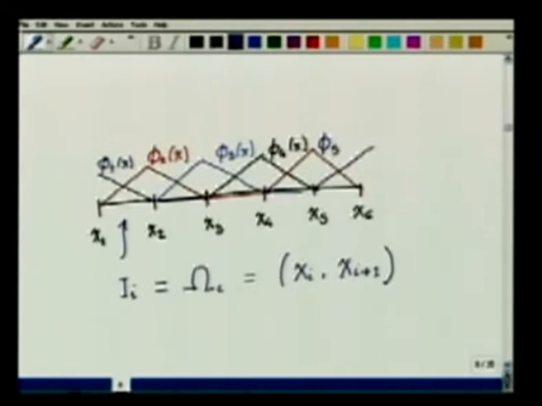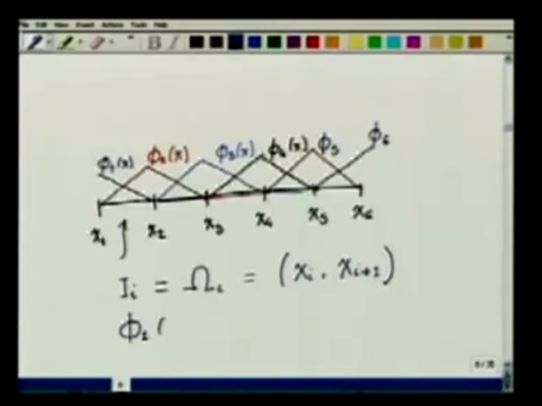So this is phi5 and this is phi6. We had 6 nodes in our mesh, and corresponding to the 6 nodes, we have defined these 6 functions phi I. So we get functions phi1 of x to phi6 of x.